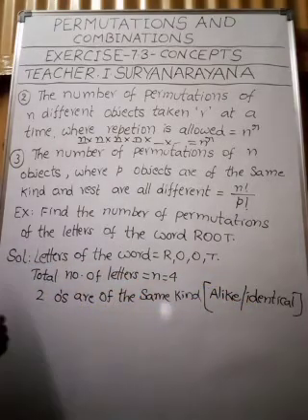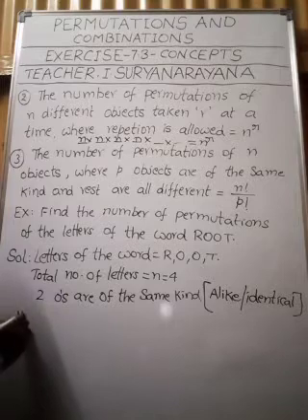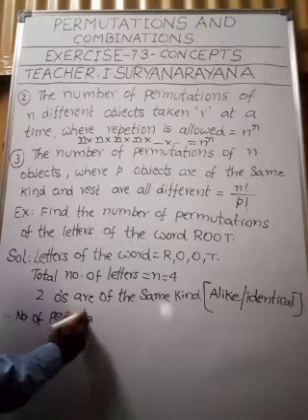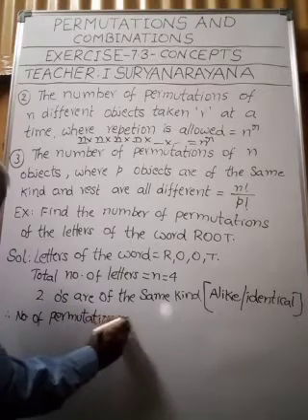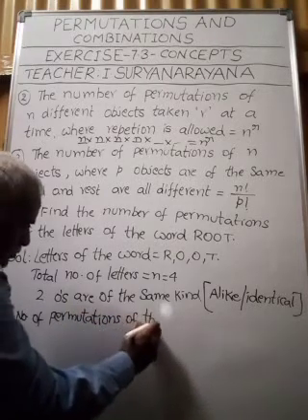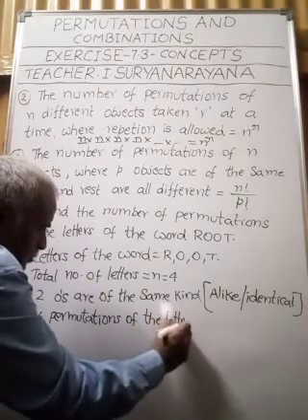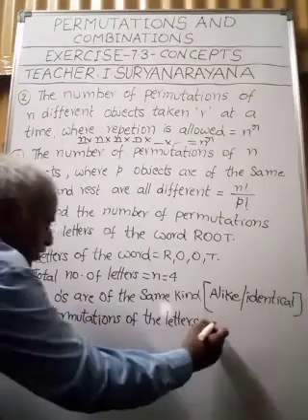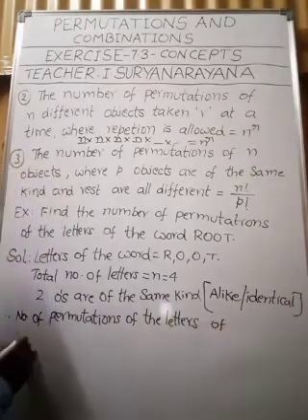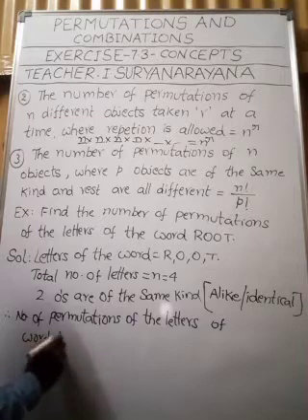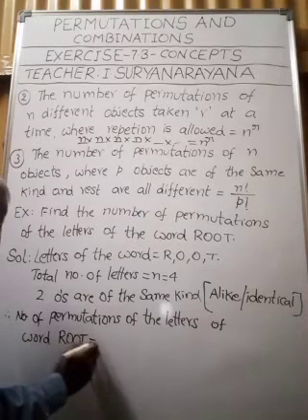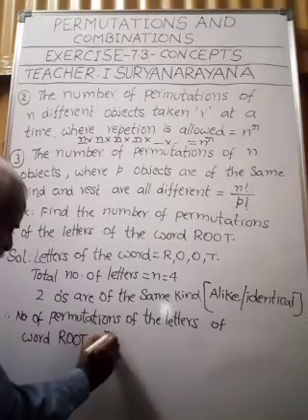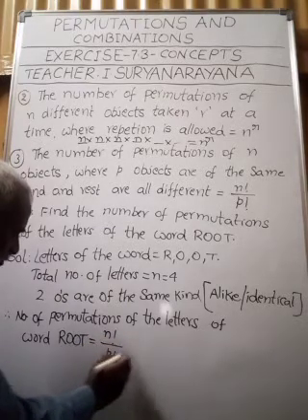Then the number of permutations of the letters of the word ROOT is equal to n factorial by p factorial.